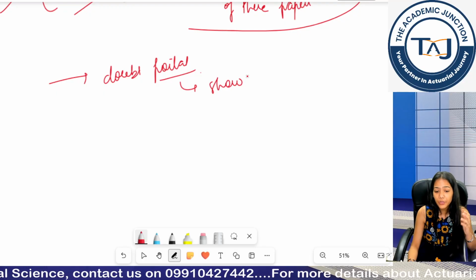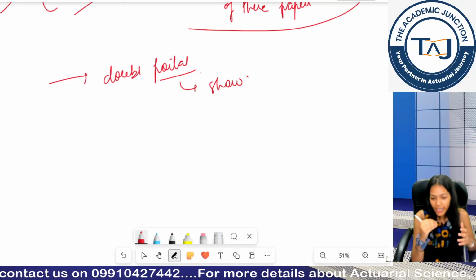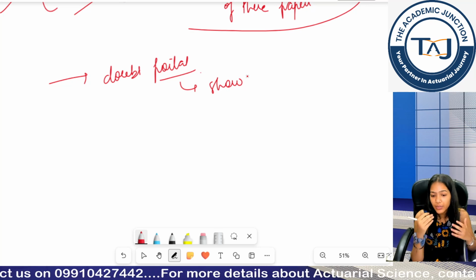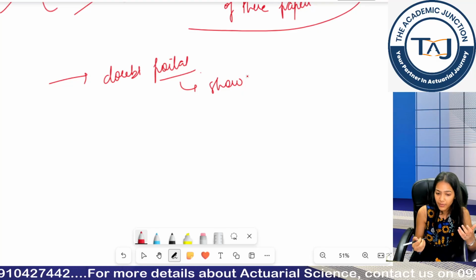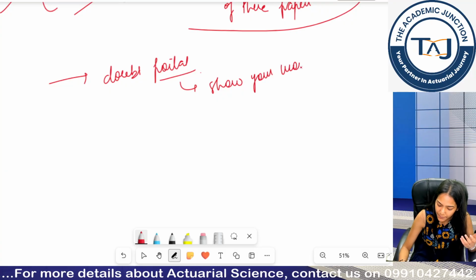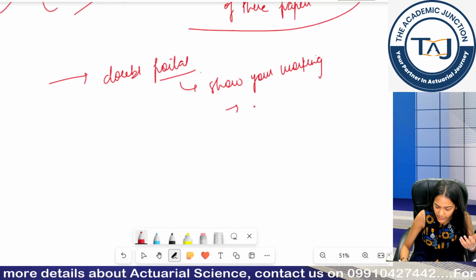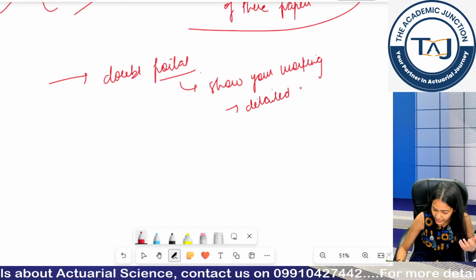This is so that you do not misuse the doubt portal. At least try, so that you know where you were lagging and where you were making the mistake. This is the best way to solve your mistakes. So I expect you to submit your workings along with a detailed question, like where you are lagging, a detailed doubt.